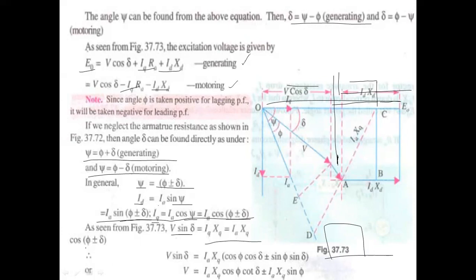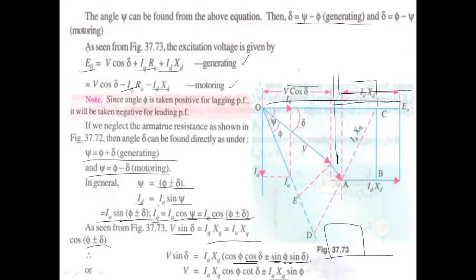Extending this with the cos(a plus or minus b) formula, cos a cos b minus or plus sin a sin b, we get Ia Xq cos phi cos gamma plus or minus sin phi sin gamma.